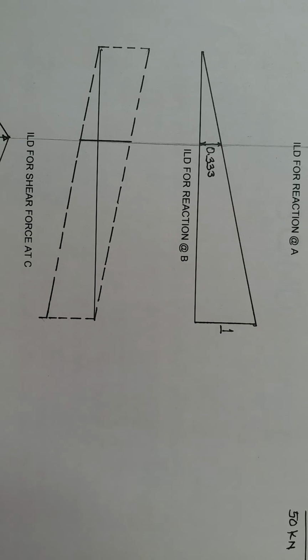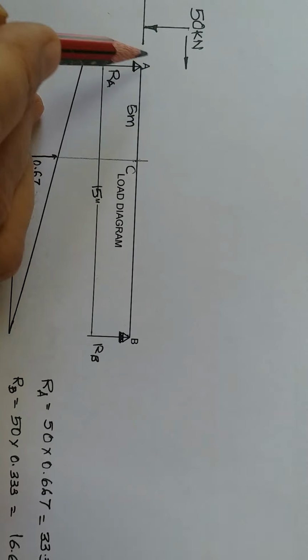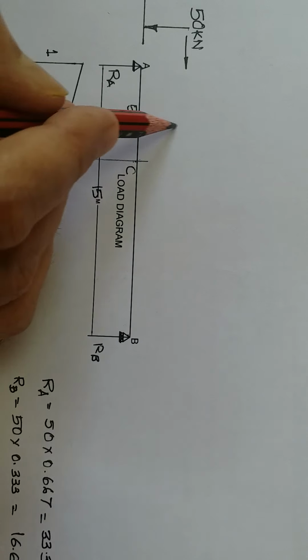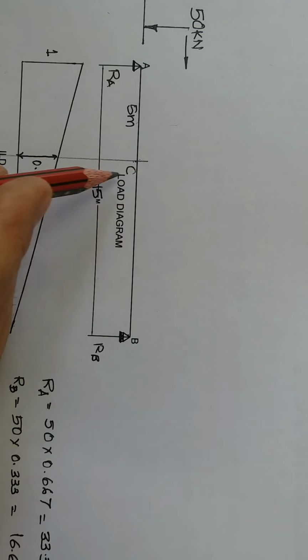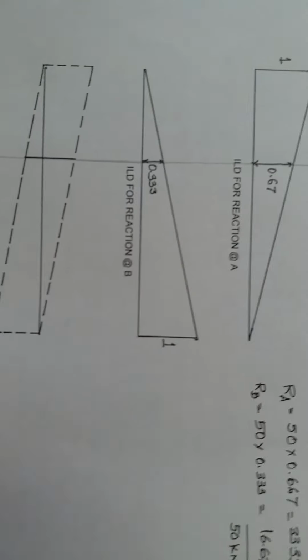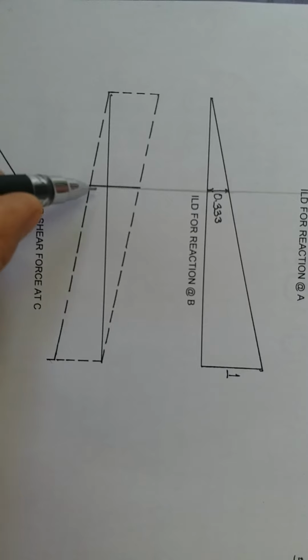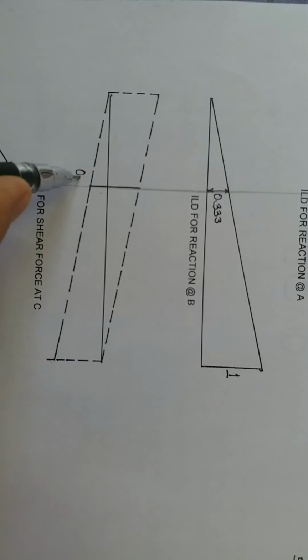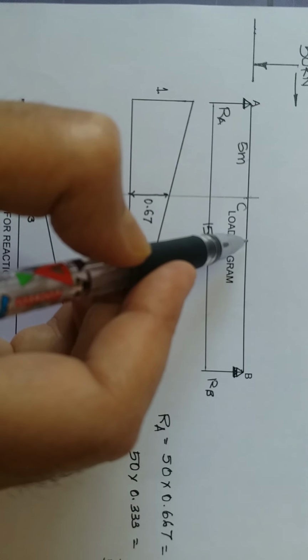When the load is in the portion AC, in that case the shear force at C will be equal to minus RB, so this ordinate will be 0.33. And when the load is in the portion CB, if you take the load here, in that case shear force at C will be equal to RA.